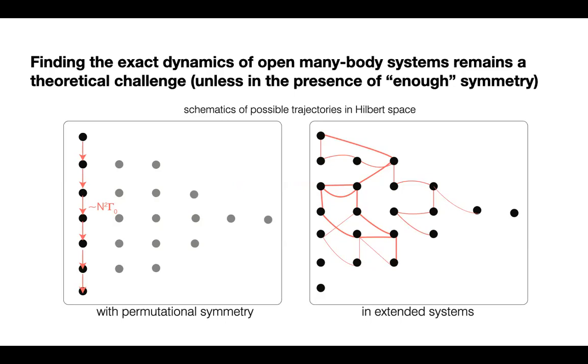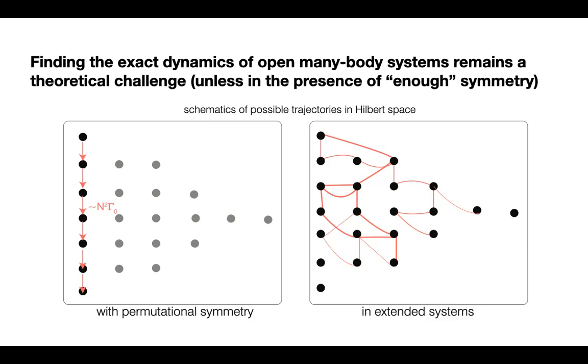This is because typically this dynamics explores a large Hilbert space, unless there is symmetry. An example where there is symmetry is if you place all particles in a cavity, or just by hand you take this gamma ij and make it equal for all particles. That means you can exchange the particles i and j and the dynamics remains equal.